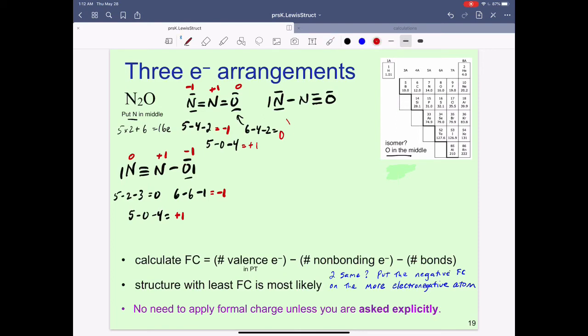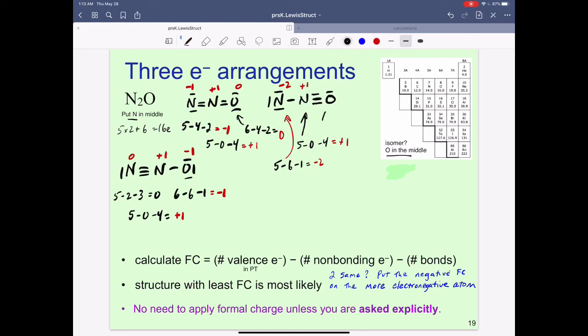And let's check this last compound, or last electron arrangement. 5 minus 6 minus 1, negative 2. And the nitrogen in the middle, 5 minus 0 minus 4, positive 1.